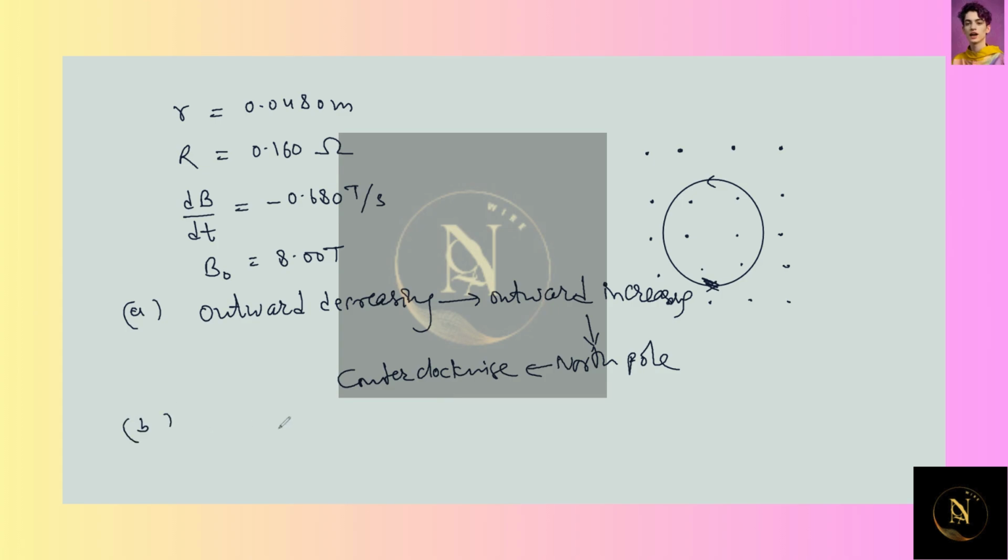Now in the second part of the problem, we have to find the rate at which electrical energy is being dissipated by the resistance of the loop.